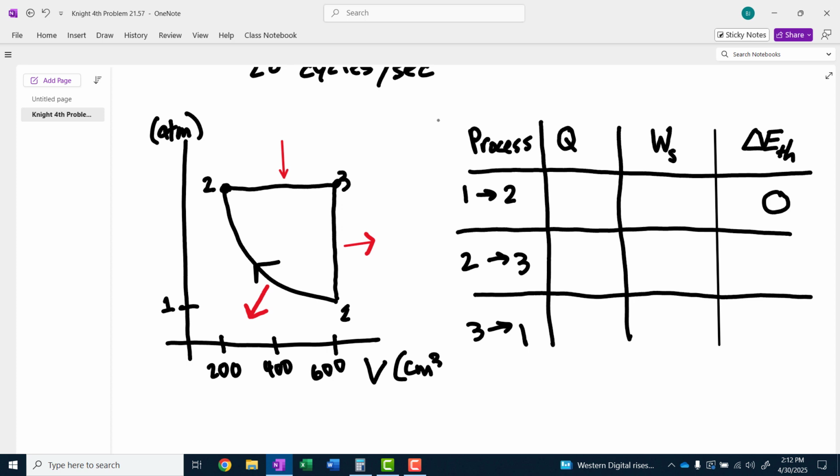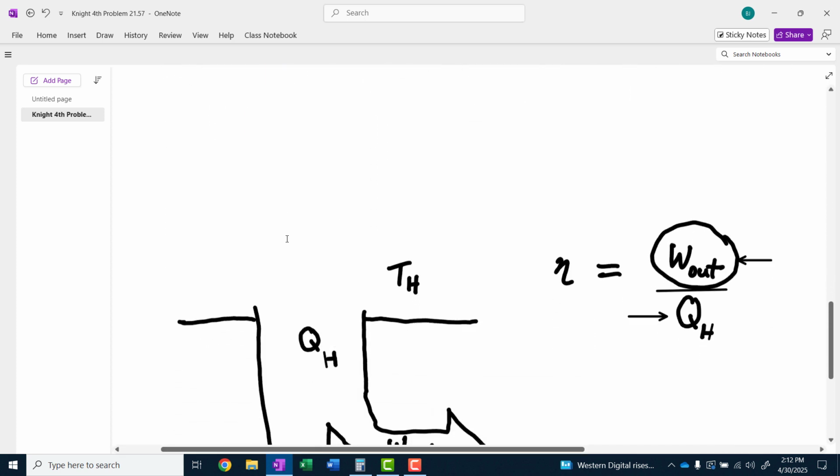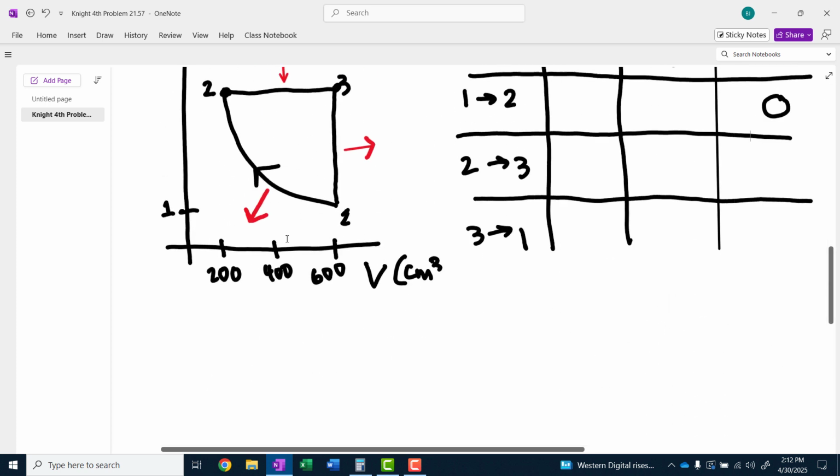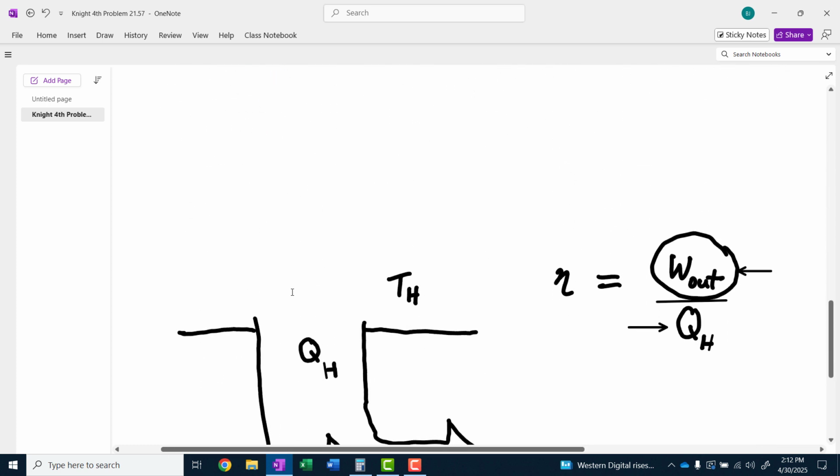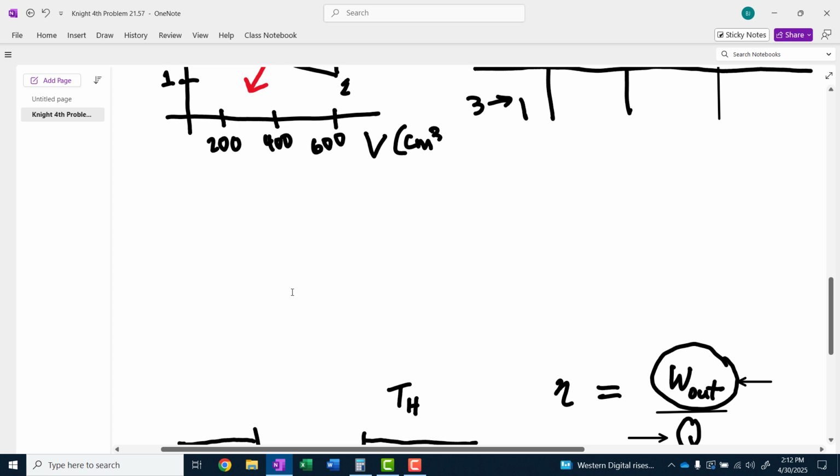Let's go to the work next, because hopefully you remember that there's a formula for the work done in an isothermal process. You guys remember work done by the system. Maybe I should emphasize I'm looking at process 1 to 2 right now.